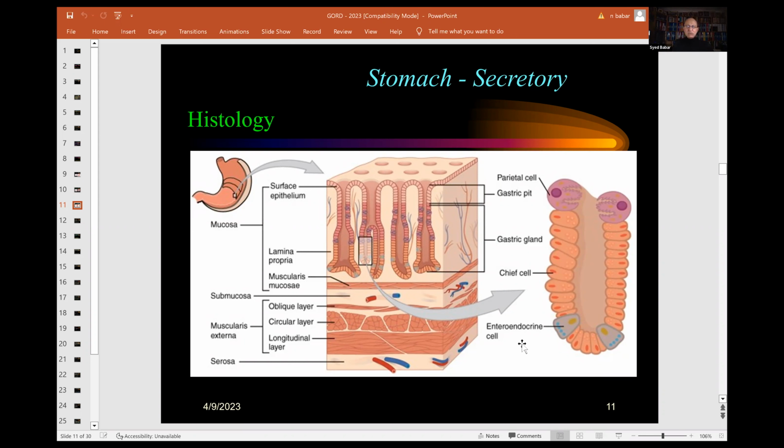And then it also has enterochromaffin cells, which have the capacity to secrete various kinds of hormones, and we'll shortly talk about this. So all of that is therefore in a pit. And so all of that therefore forms the gastric gland.